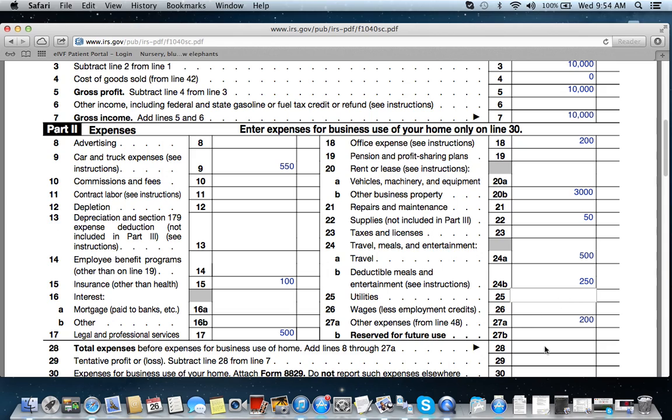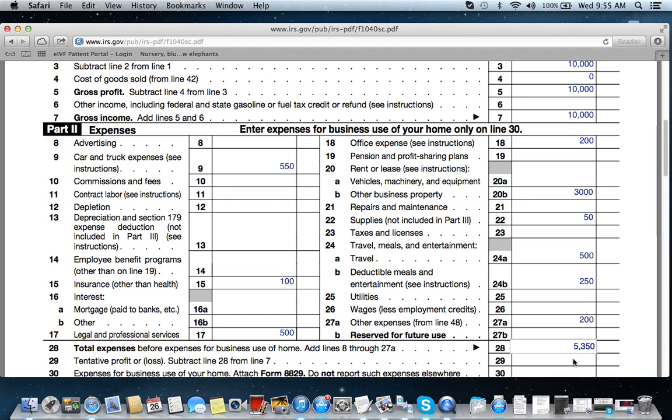Okay. So total expenses, you're just going to add these all up. So let's see, $650, $1150, $1350, $4350, $4450, $5150, $5350.